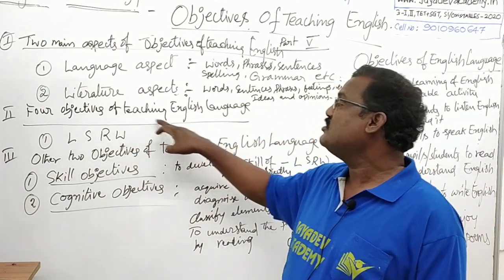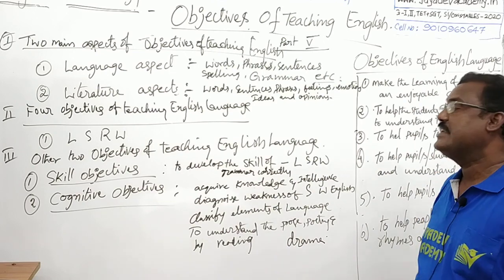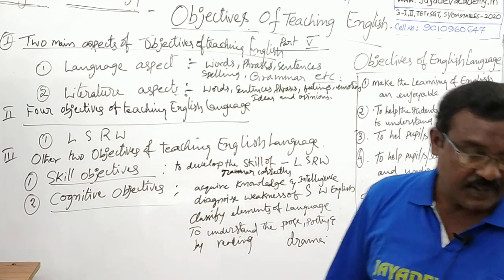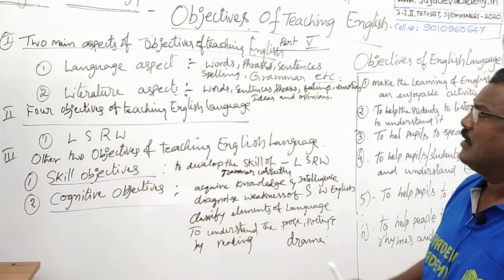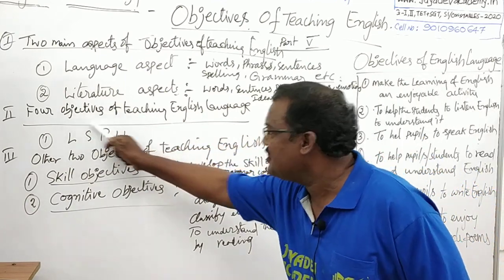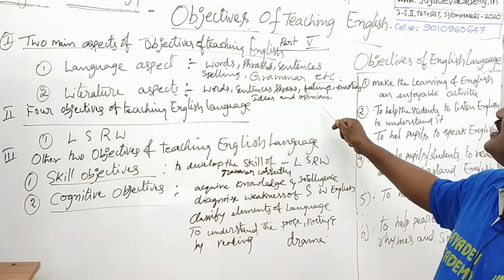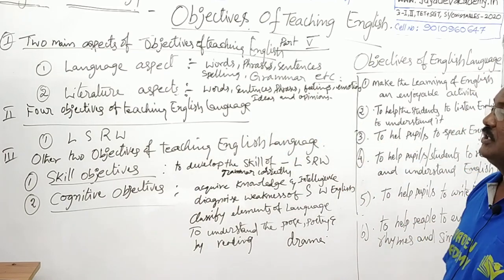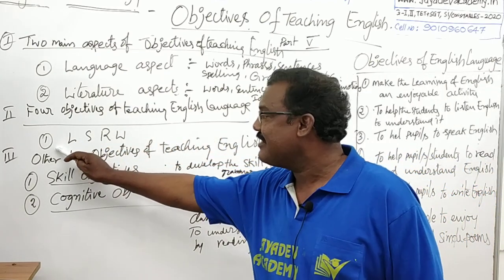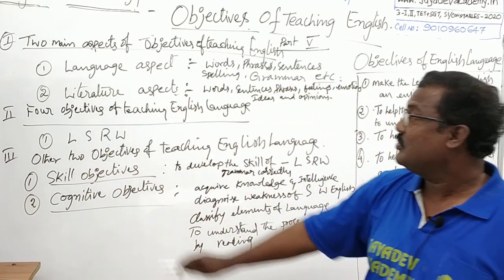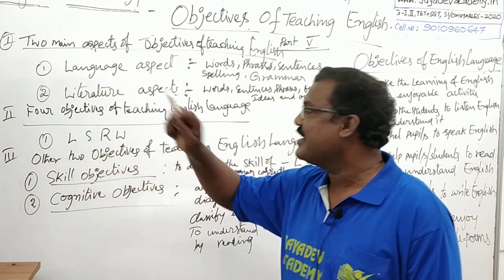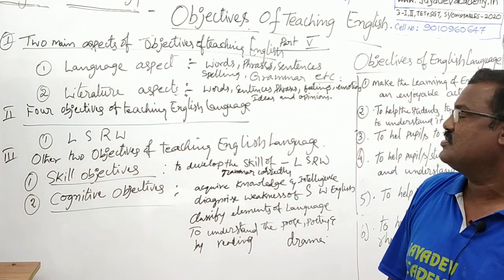Now, four objectives of teaching English language. What are the objectives of the teacher in teaching English to the students in the classroom? To develop the skill of listening of the student in the classroom. To develop the skill of speaking of the student.